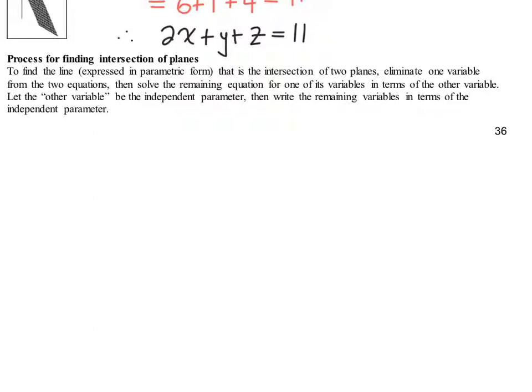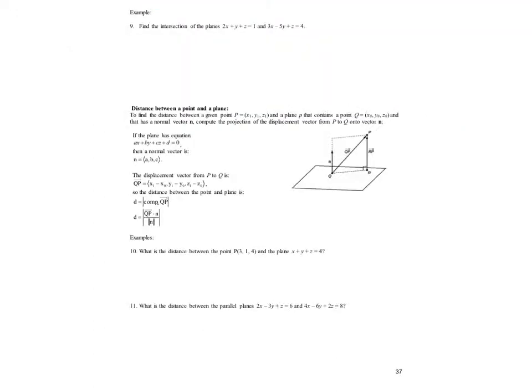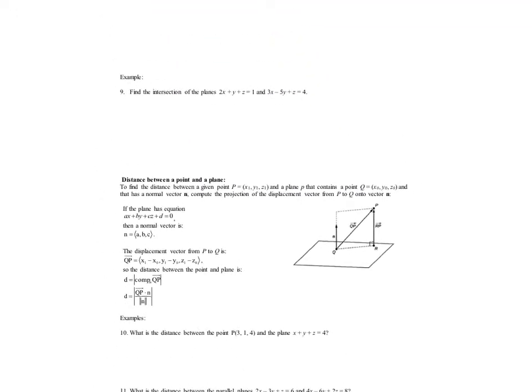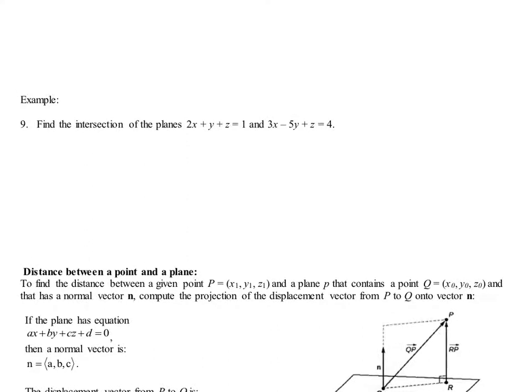All right, so it's elimination. Eliminate one variable from the two equations and solve the remaining equation for one of its variables in terms of the other. But I'm going to show you a better way than that. Linear algebra, our best friend when it comes to stuff like this.